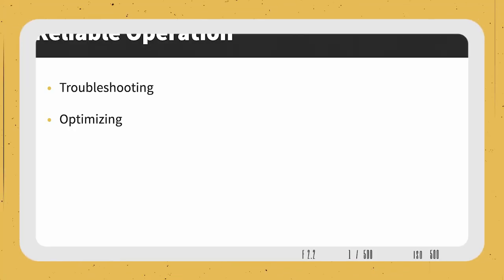Then in management, we'll talk about backups and drivers and how to manage those. And finally, in reliable operation, I'll cover troubleshooting and optimizing. So that's our 4 items under administration: installing, configuring, managing, and reliable operation.